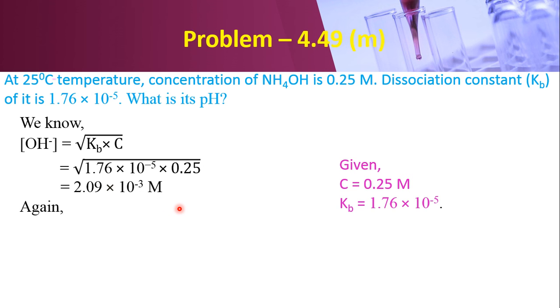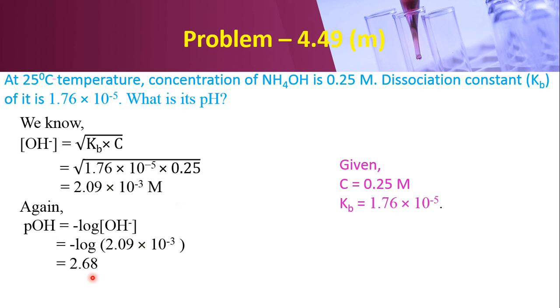Since this is ammonium hydroxide, at first you have to find the pOH of it. pOH equals minus log concentration of hydroxyl ion. From there we get pOH equal 2.68. From there we can calculate pH equal 14 minus pOH, that comes to 11.32.